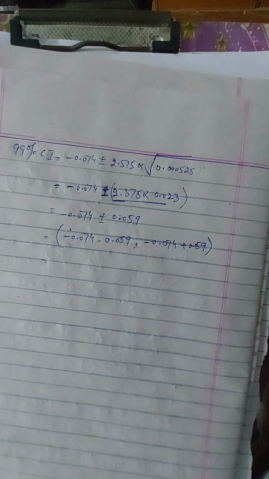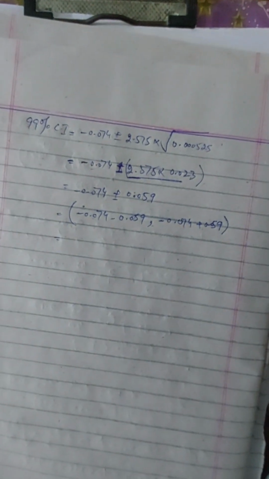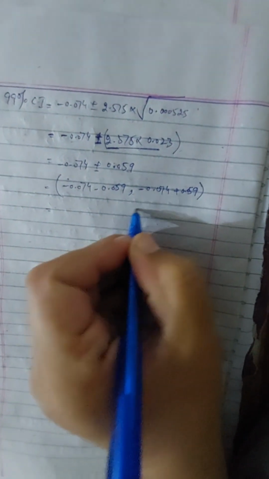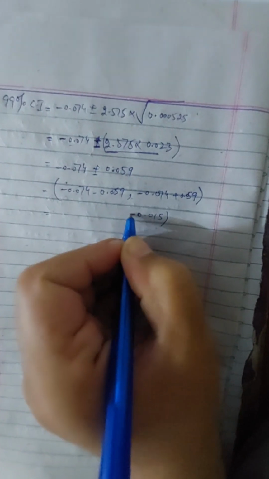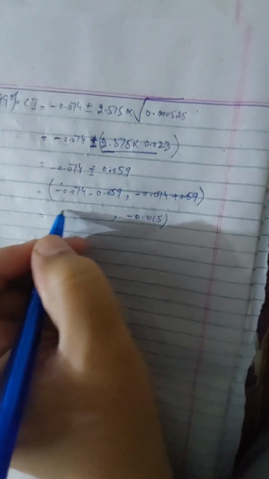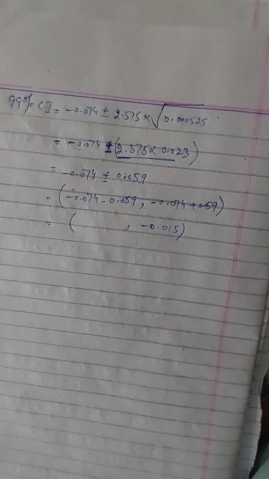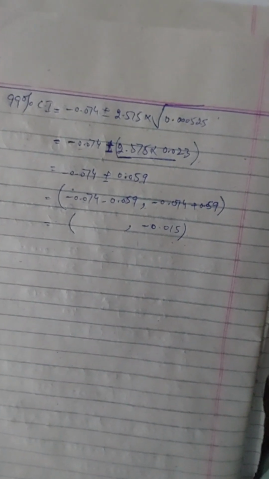It will give us a value of minus 0.015, and on the left side it will give us a value of... these two will add and the sign will be negative.